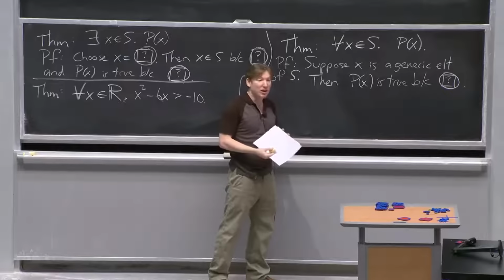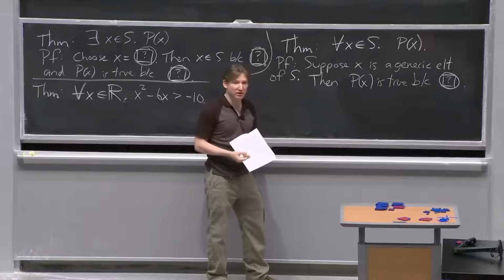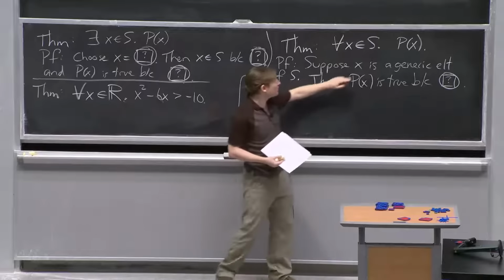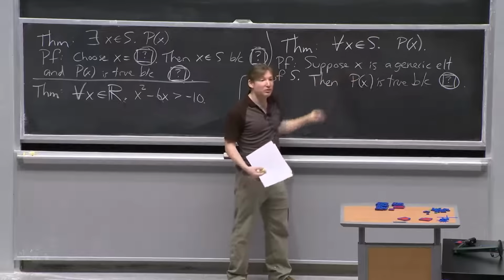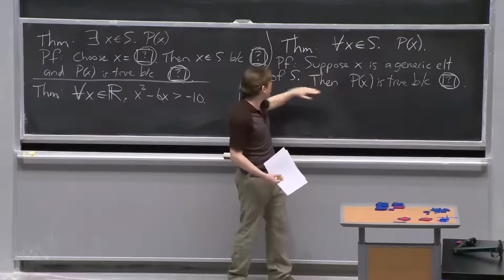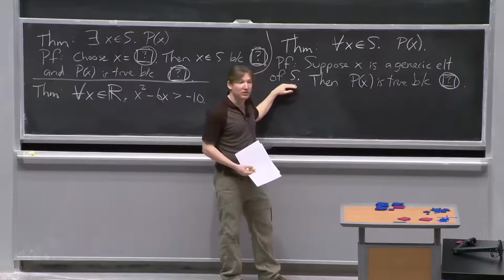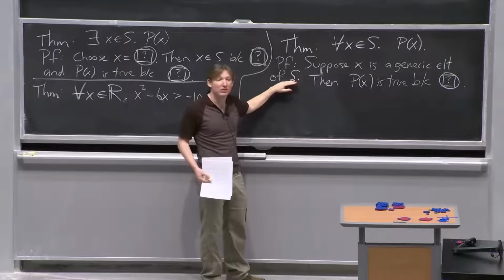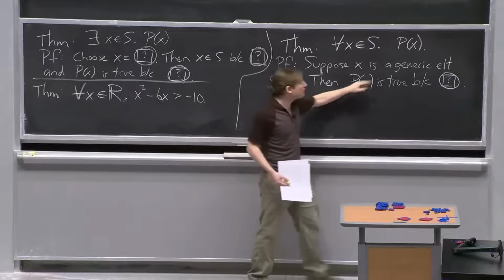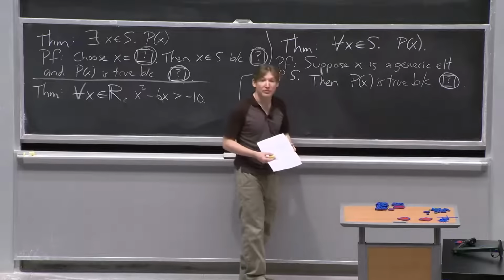Which element? We're not allowed to know. We're not allowed to choose a particular one. We need to prove that this is true for every possible choice of x, which means in our proof, the only thing we assume about x is that it's in S. So you start by taking something in S and assuming nothing else about it, and then concluding the property that we need to show.